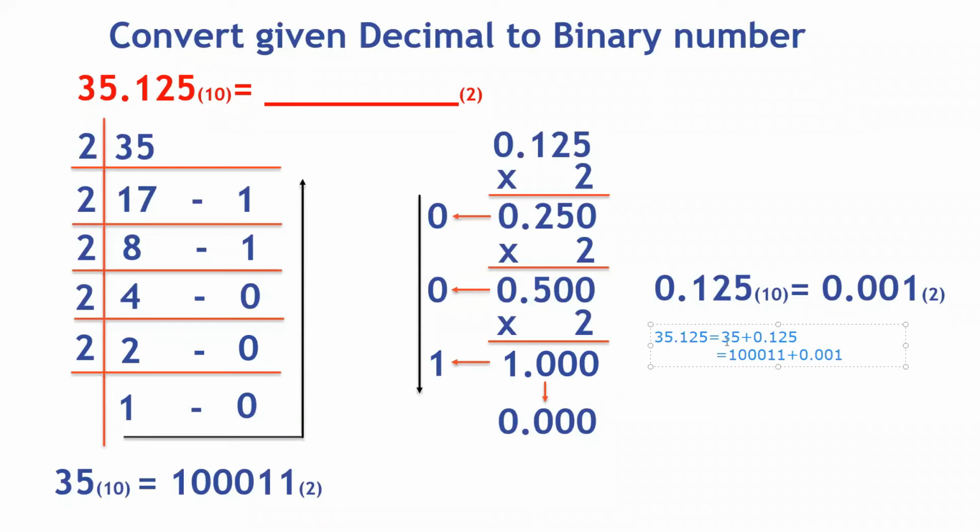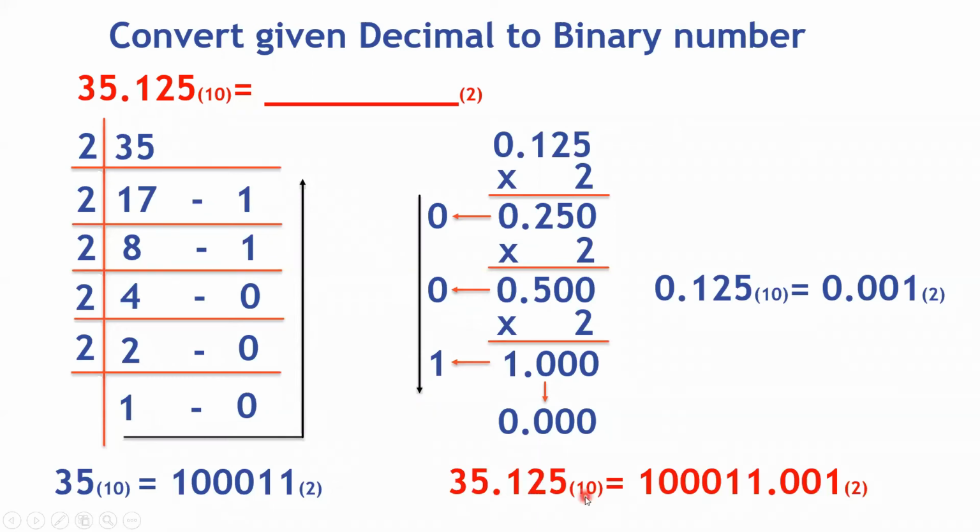When we add, our answer will be 100011.001. So this is your binary answer. So the final answer is 35.125 base 10 can be written as 100011.001 base 2.